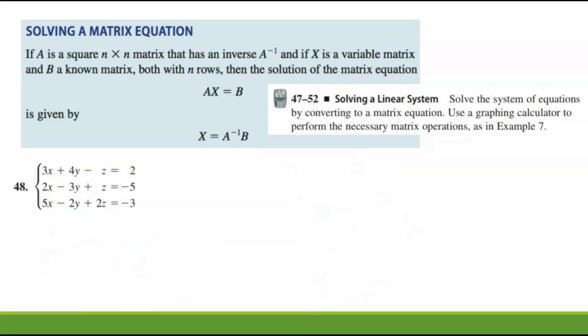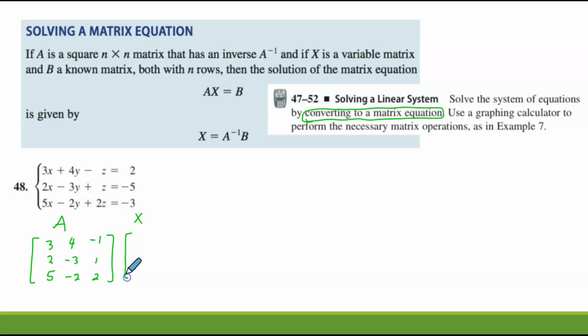Okay, let's try one more example. If it's just solve the system, we put it into a matrix, RREF, and we're done. But it doesn't say that. It says solve the system by converting to a matrix equation. Okay, so we'll follow the directions. We have matrix A as 3, 2, 5, 4, negative 3, negative 2, negative 1, 1, 2.